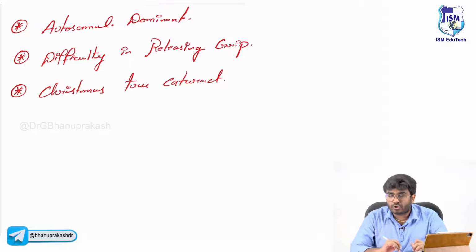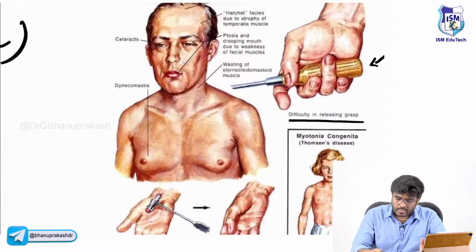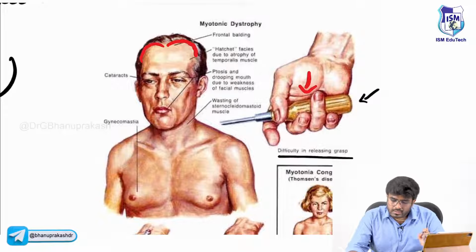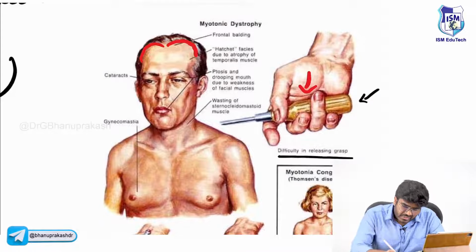Apart from this, what else should you know? In myotonic dystrophy, look at this person. Yes, difficulty in grasp, but this person is also having baldness, male pattern baldness, very important. These patients are going to have hatchet faces, something like this.